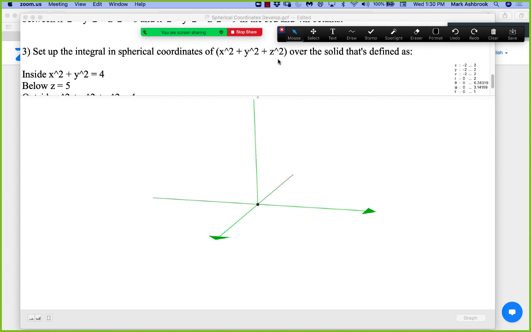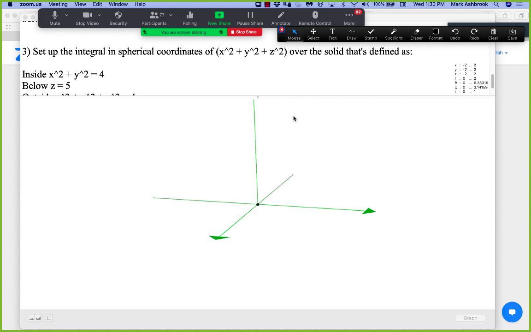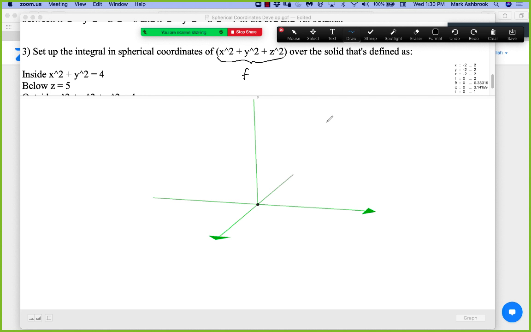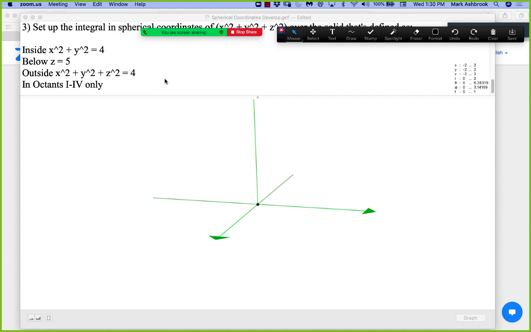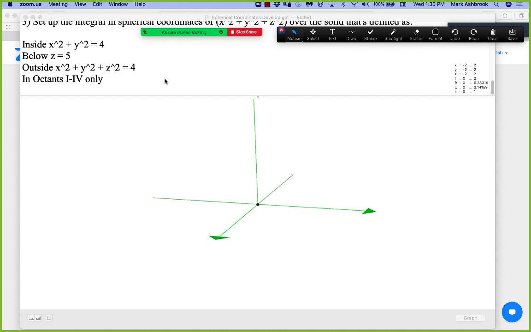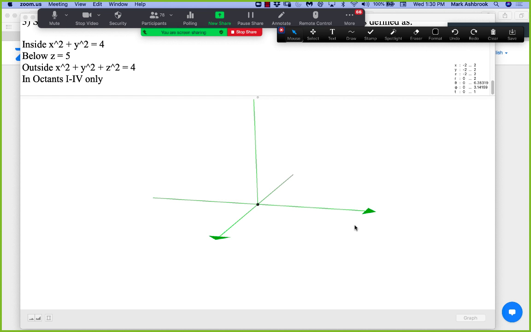This is the function we're going to integrate, my f, over the solid defined this way: inside x squared plus y squared equals 4, below z equals 5, outside x squared plus y squared plus z squared equals 4, and in octants 1 through 4 only.